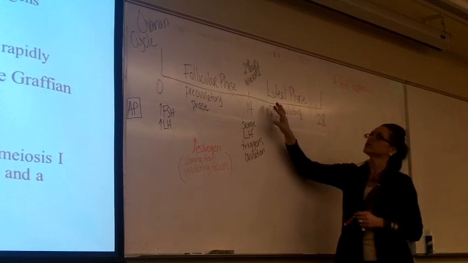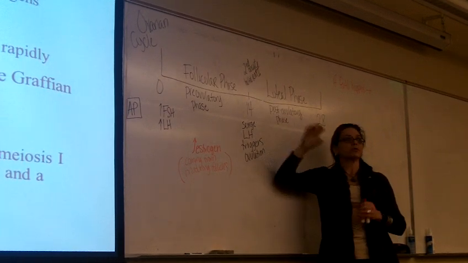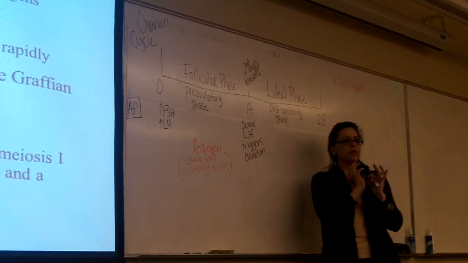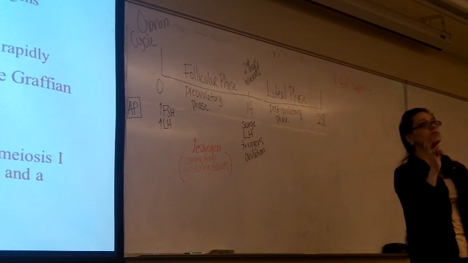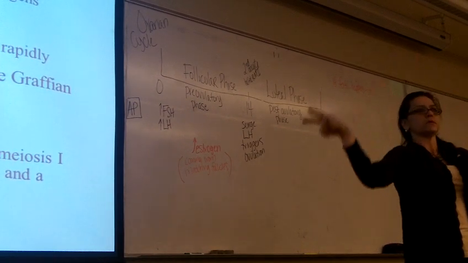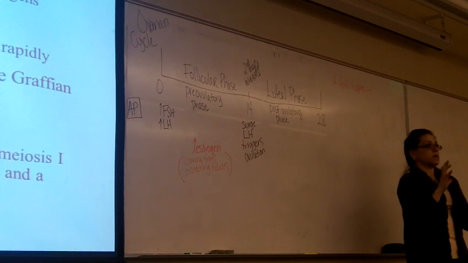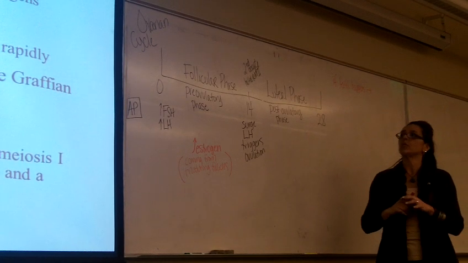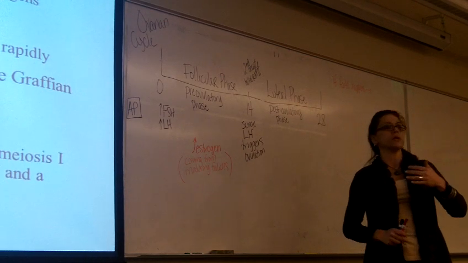actually, let me back up just for a second. That Graafian follicle that ruptures, the follicle is still part of the ovary. It's just on the surface of the ovary. But all those cells of the follicle are still there on the ovary. It's just the oocyte that leaves. Those remnant cells of the follicle will become a new structure called the corpus luteum.